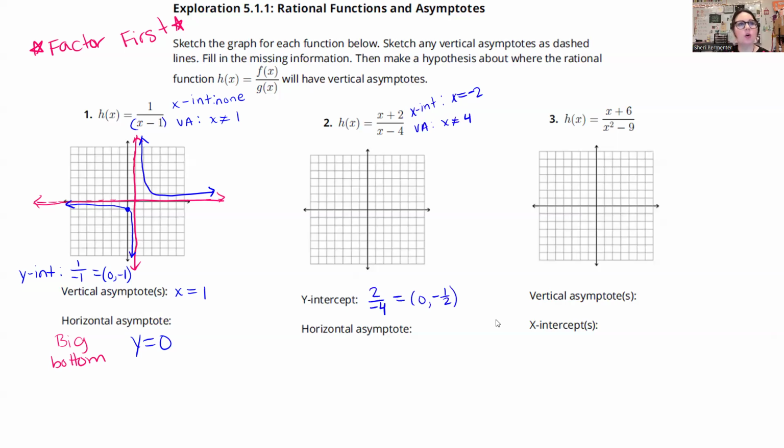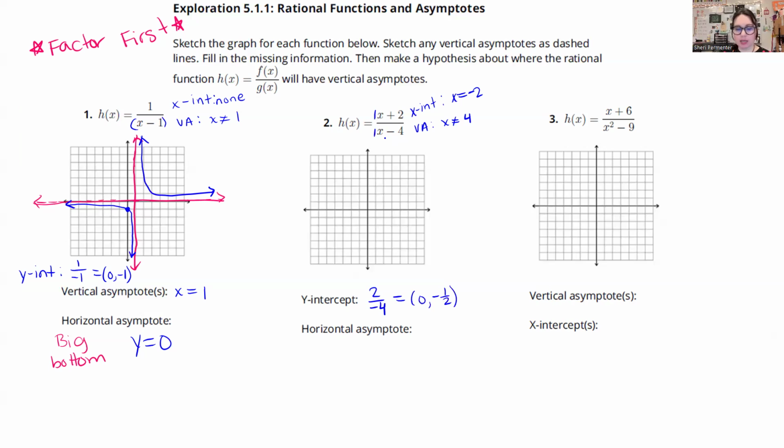We're sketching. Horizontal asymptote, what situation do we have here? Looking at the degrees. Yeah, it's balanced. That's a good word. It's balanced. And so when it's balanced, you look at the ratio of the leading coefficients. So the ratio of the leading coefficients here is 1/1, which is just 1.